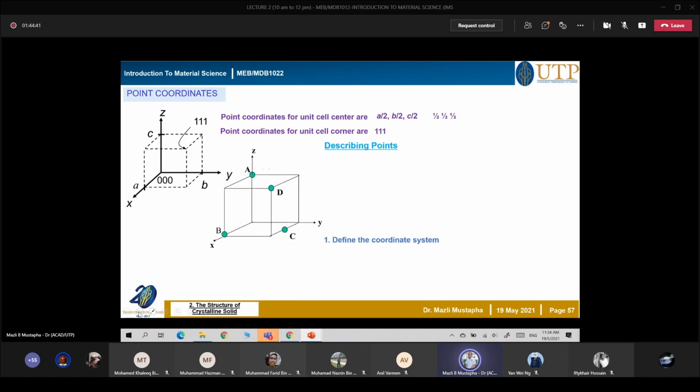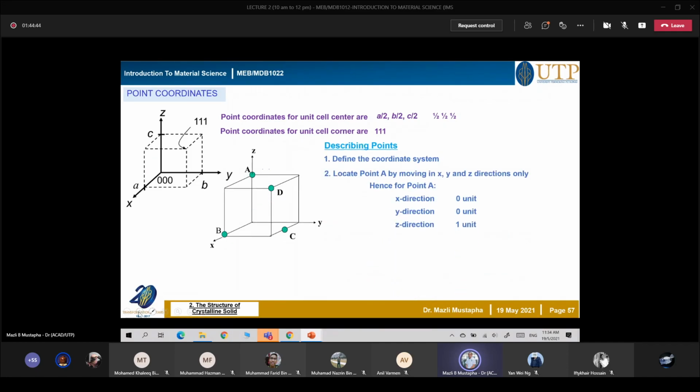Similarly, this is just the one that I explained earlier. For point A, it's quite straightforward. We only move in the Z direction. This is 1 unit, so we call it 001.